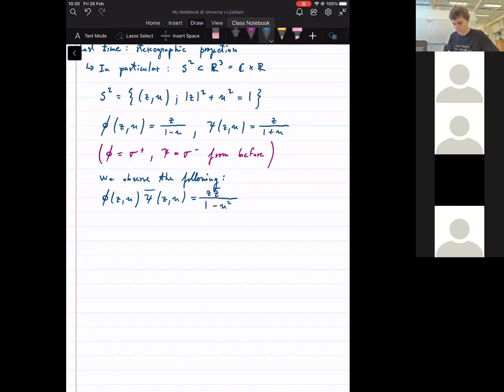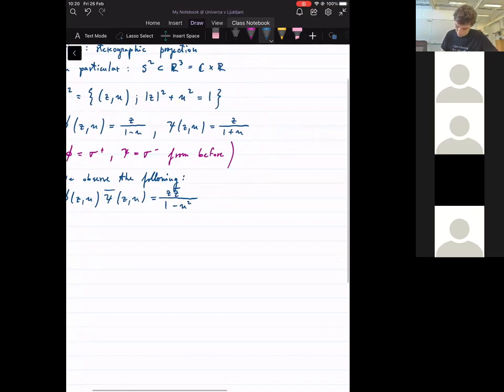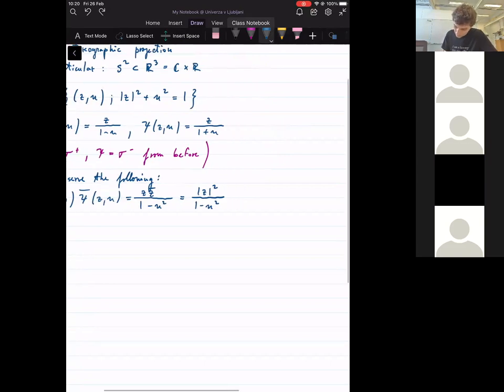This is nothing else but the absolute value of z squared over 1 minus u squared, but 1 minus u squared is exactly the absolute value of z squared, by the formula I've underlined. So what we get here is 1.